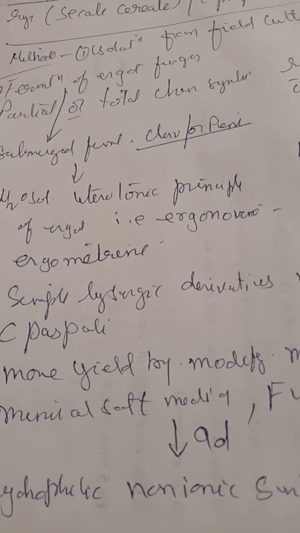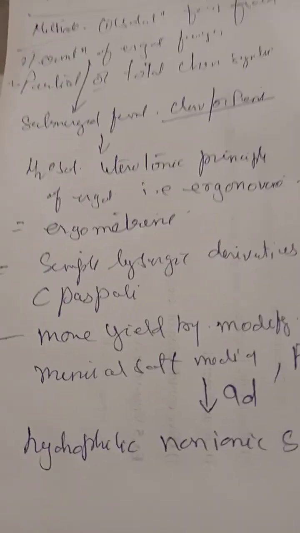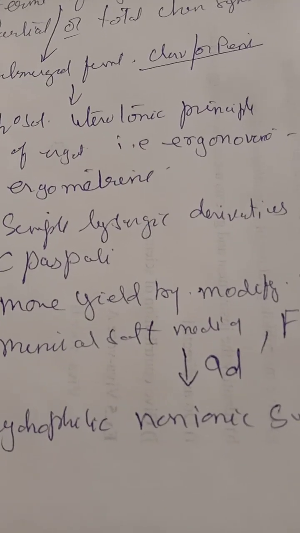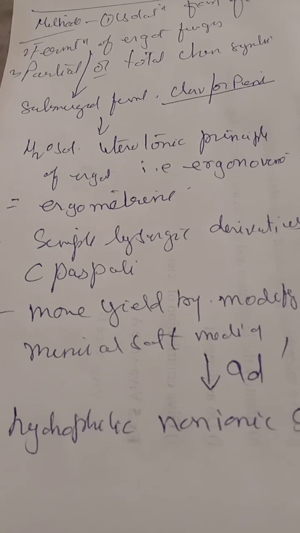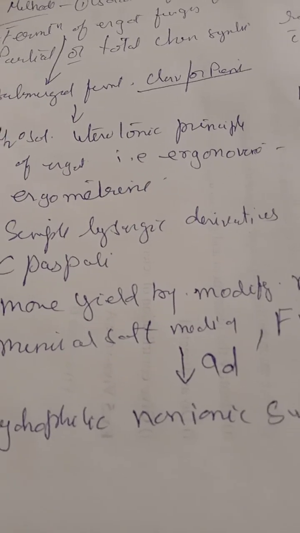We get many of the products from plants, but there are many disadvantages. That is why microorganisms are used as an alternative source of many of the products that can be produced in plants. Similarly, ergot can be produced in plants, but it has disadvantages like space, season, money, labor, yield, so many things.